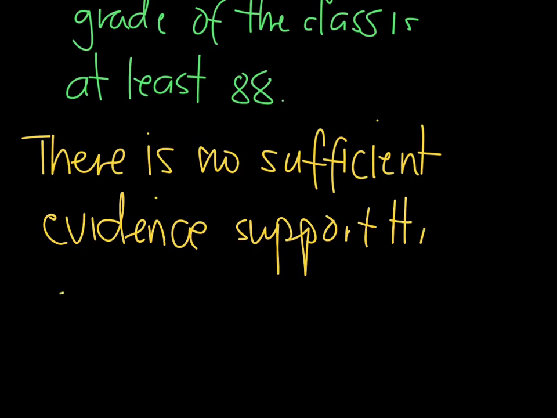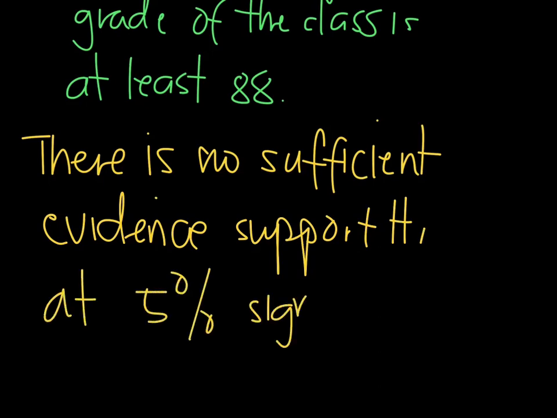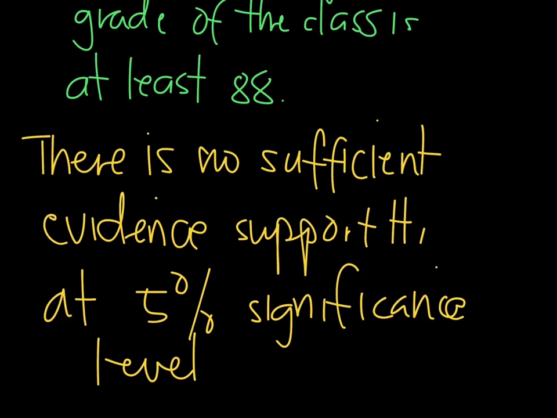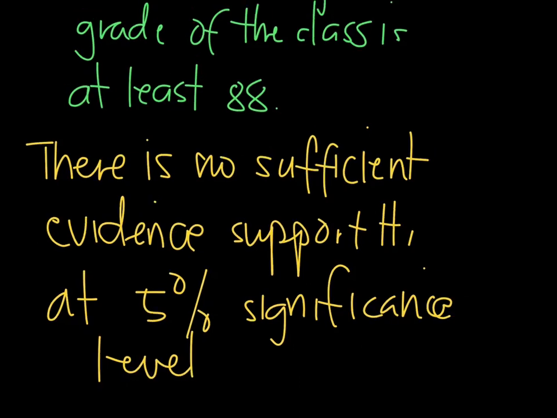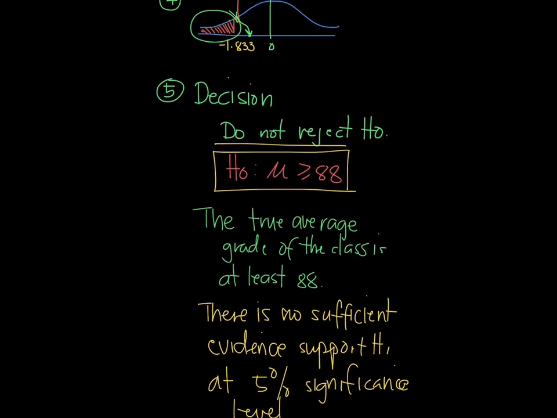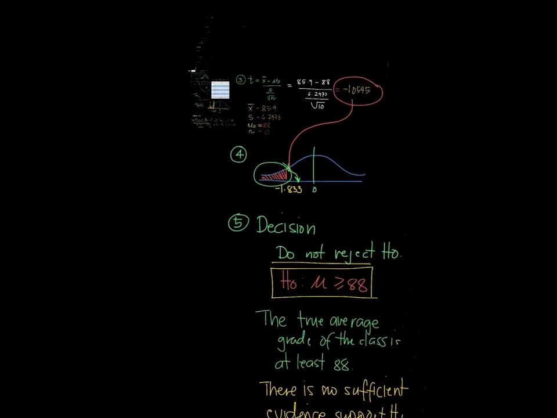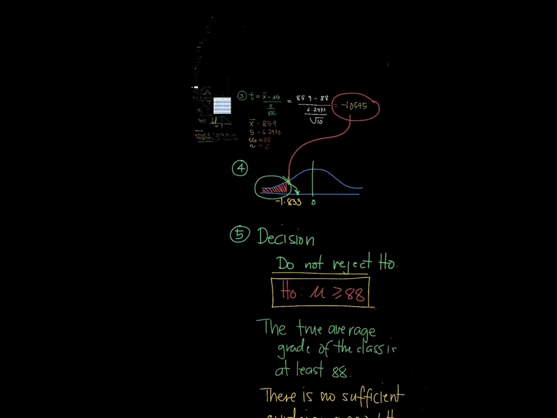So this is the standard way of stating our conclusion. And we know that these findings are based on the 5% significance level. Okay, so that's how we perform hypothesis testing using the T-test.